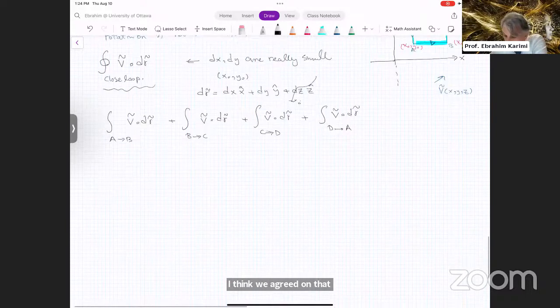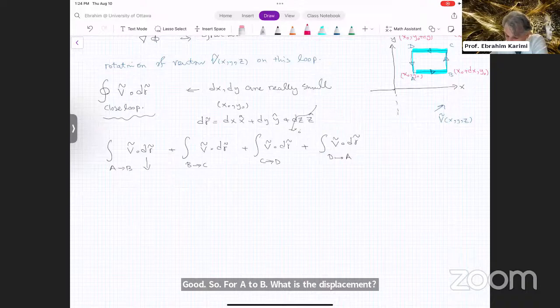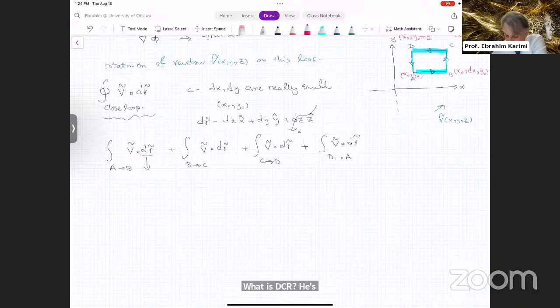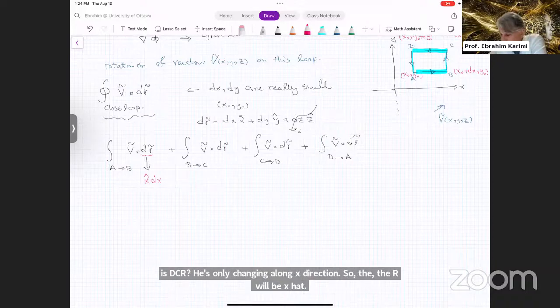Good. So for A to B, what is the displacement? What is the value of dr? It is only changing along the x direction, so dr will be x hat dx, right? Do you agree?